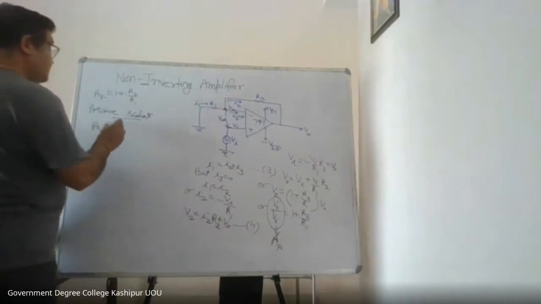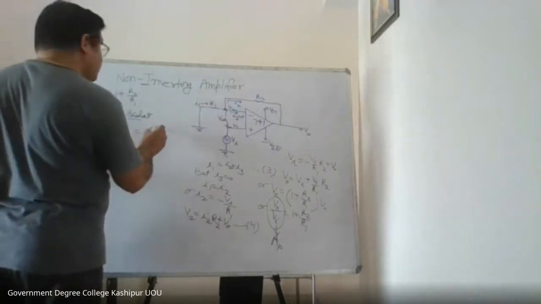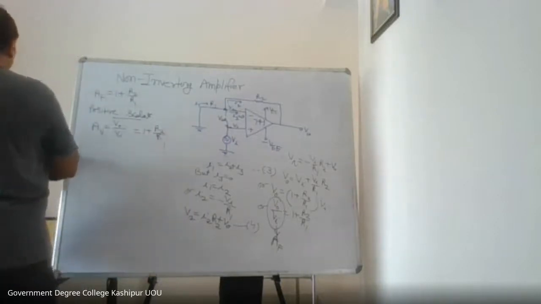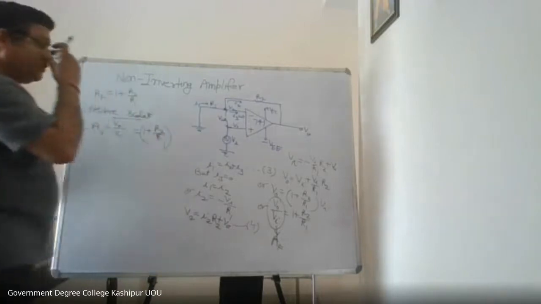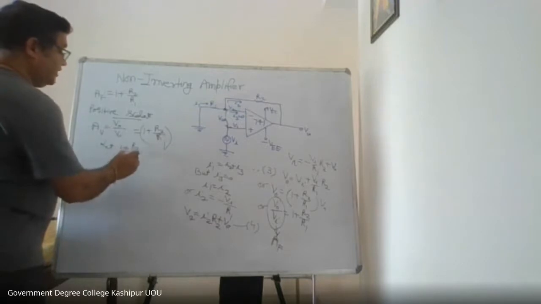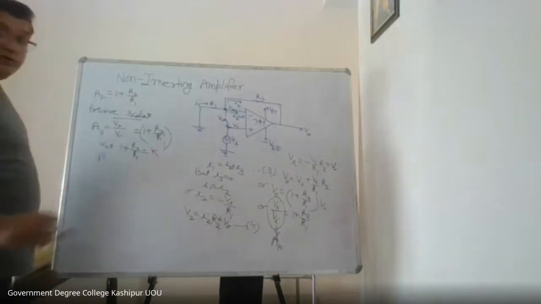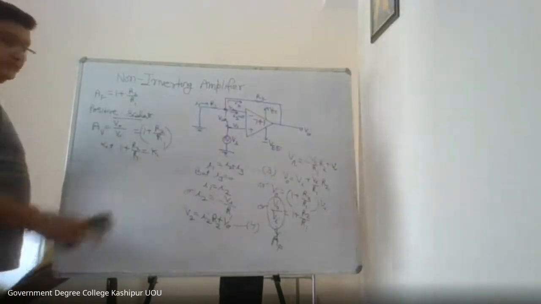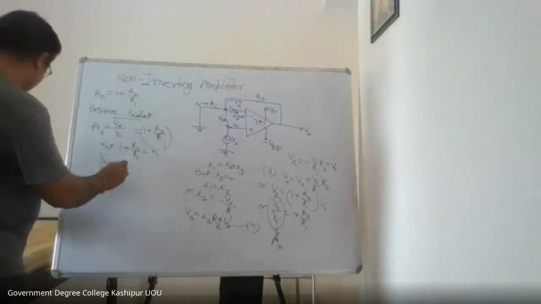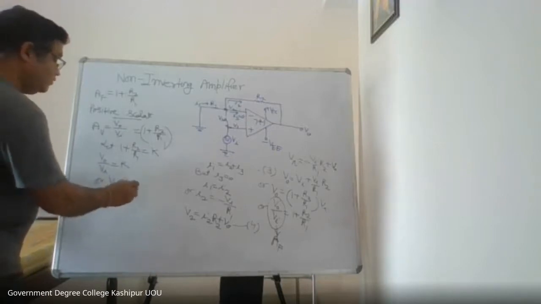AV equal to output upon input, VO upon Vi, and equal to 1 plus R2 upon R1. Now suppose this R2 upon R1 is a constant, a real constant. 1 plus R2 upon R1 is a constant K. Then VO upon Vi equal to K, or VO equal to K times Vi.